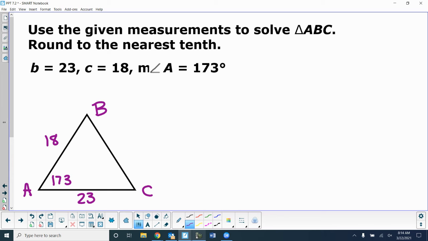Side angle side. How would you do that? Minus 2 times that, cosine of that.